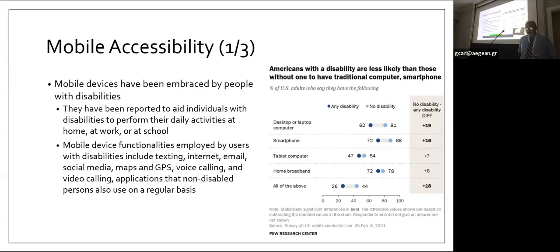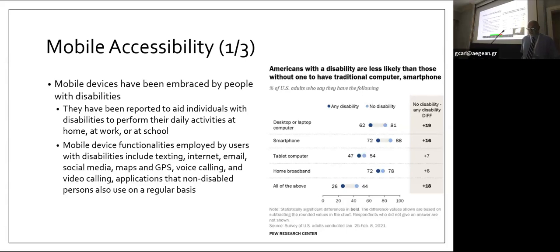Mobile devices have also been embraced by people with disabilities, with statistics indicating that they are more likely to own a smartphone rather than a desktop or laptop computer. Mobile devices have been reported to provide assistance to individuals with disabilities to perform their daily activities at home, at work, on the move.